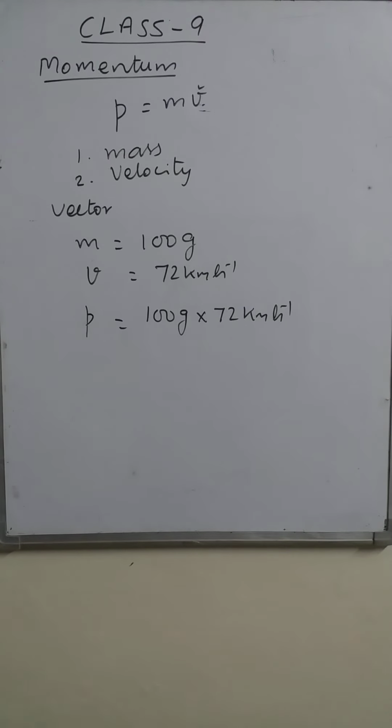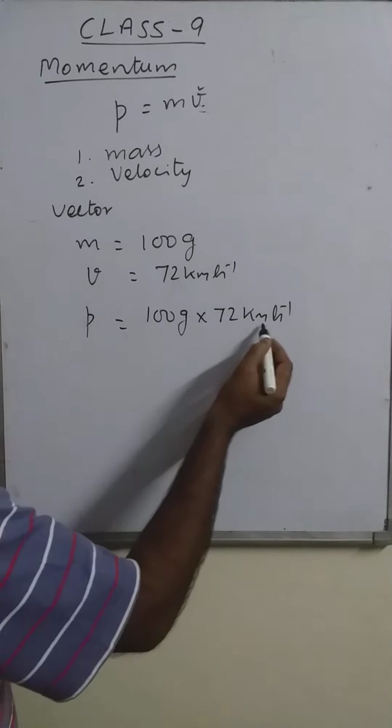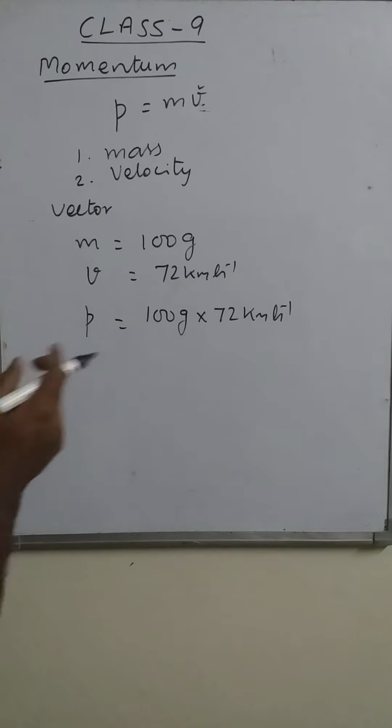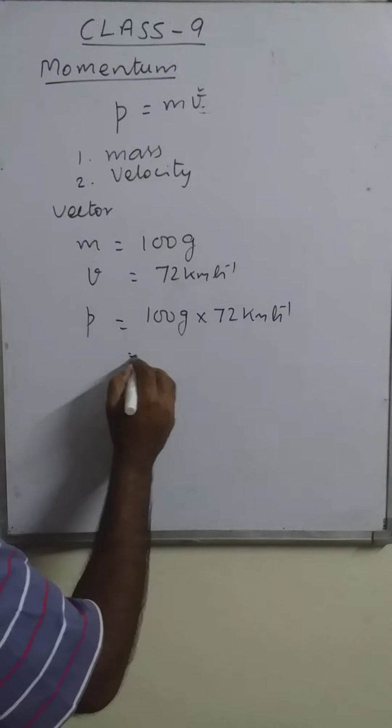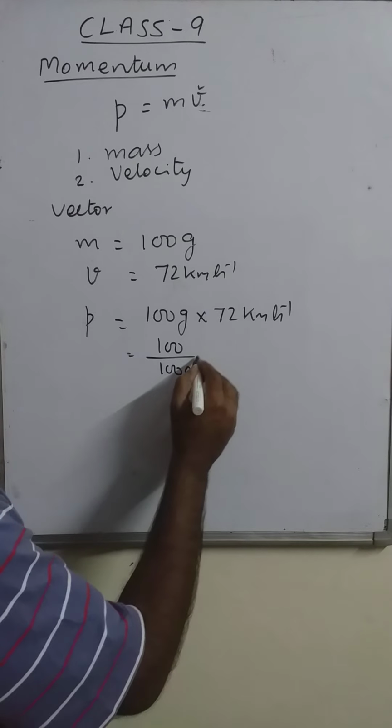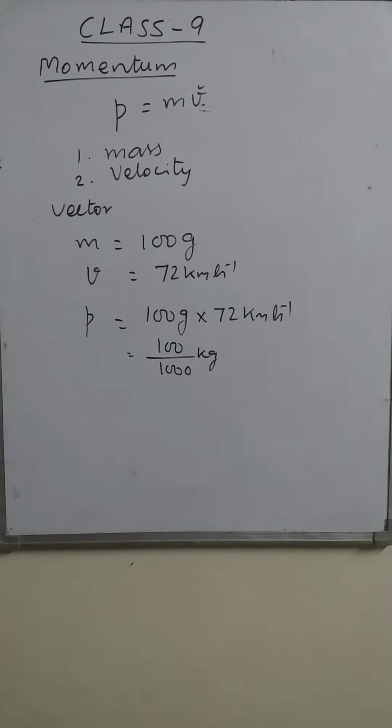This cannot be directly calculated because it must be changed into SI units. Here 72 km per hour is a bigger unit, and 100 gram is a CGS unit, so it must be converted. Converting into kg, we divide by 1000.